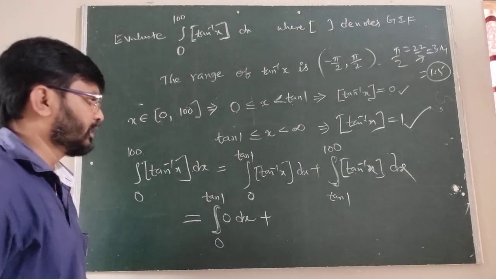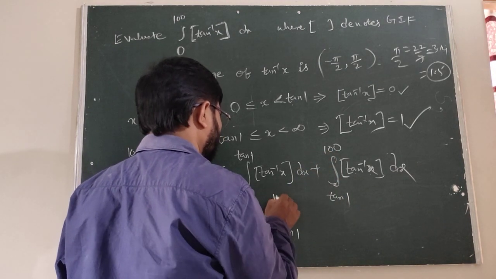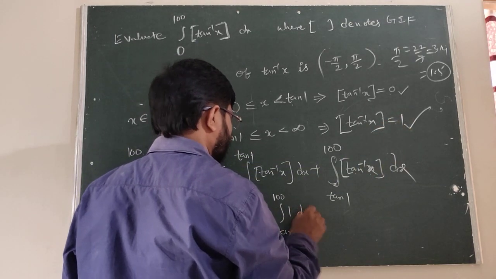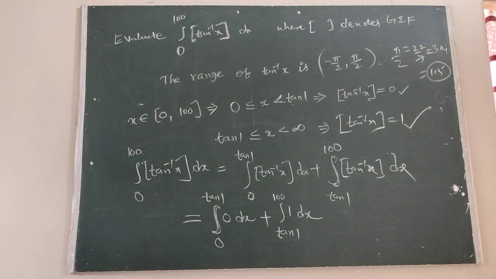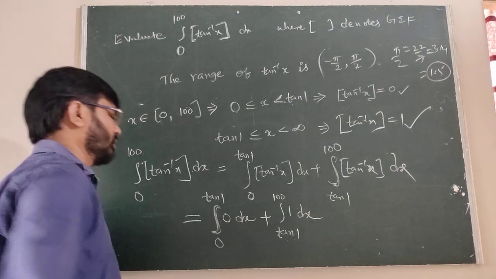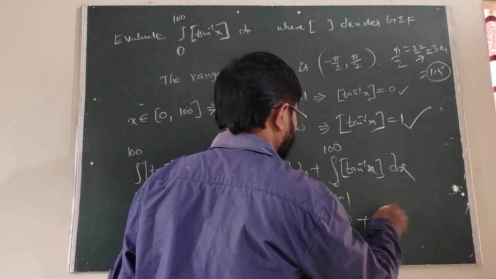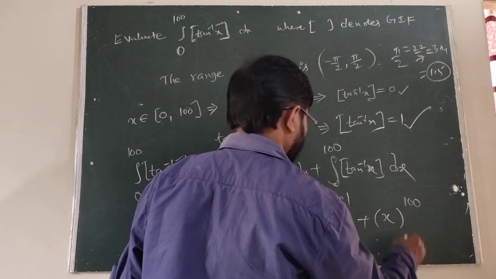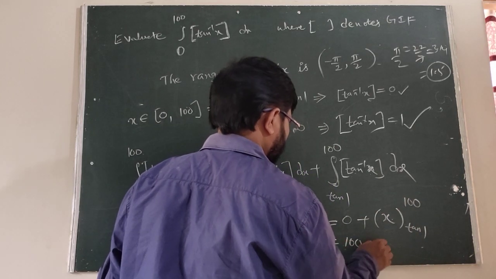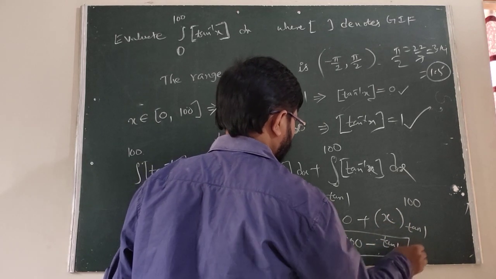So the integral from tan 1 to 100 of 1 dx. The integral of 1 dx is x, from tan 1 to 100. Substituting, we get 100 minus tan 1. This is the solution.